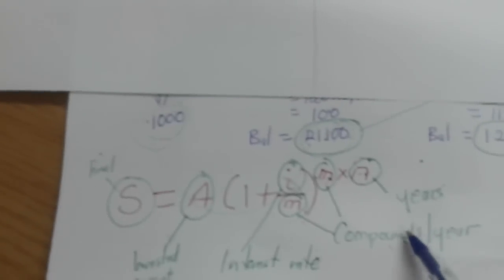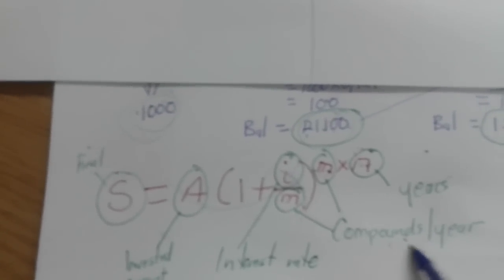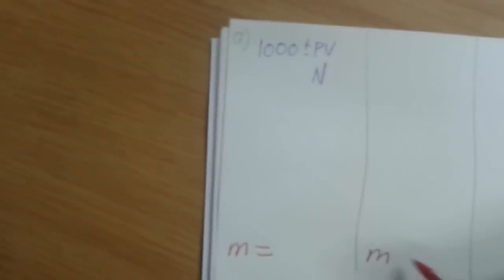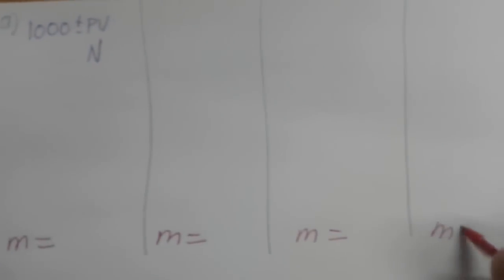Now remember, let's say we were using the formula, how were we going to do this? So it's compounded monthly. What is m? m is the number of compounds per year. That means on each of these we have a different value of m.